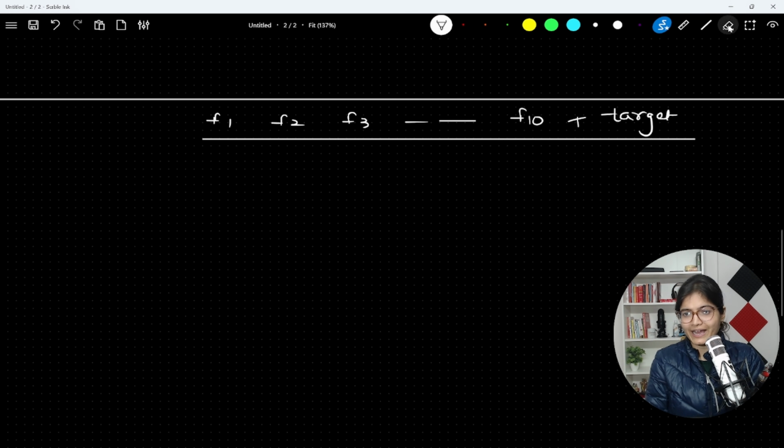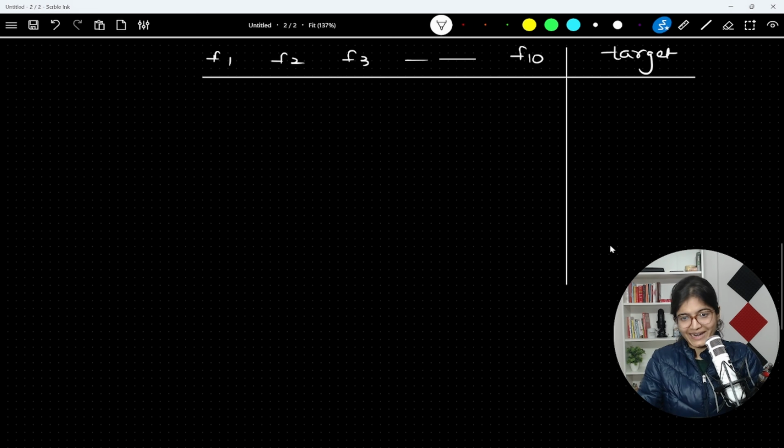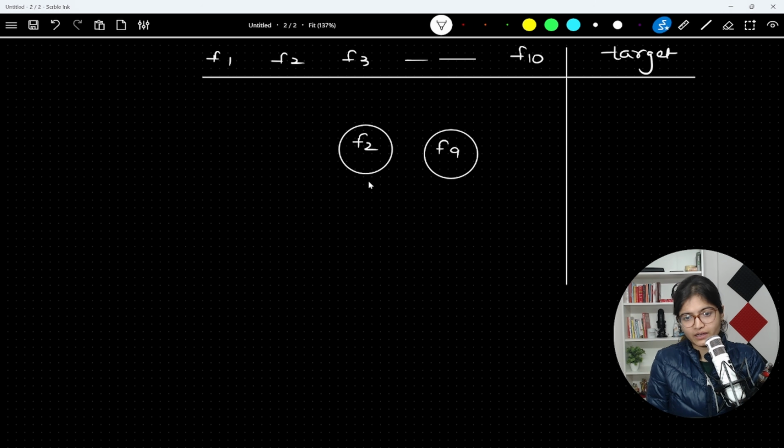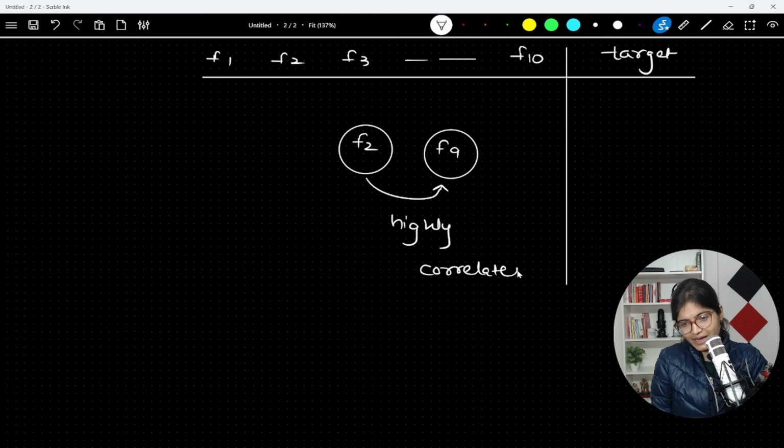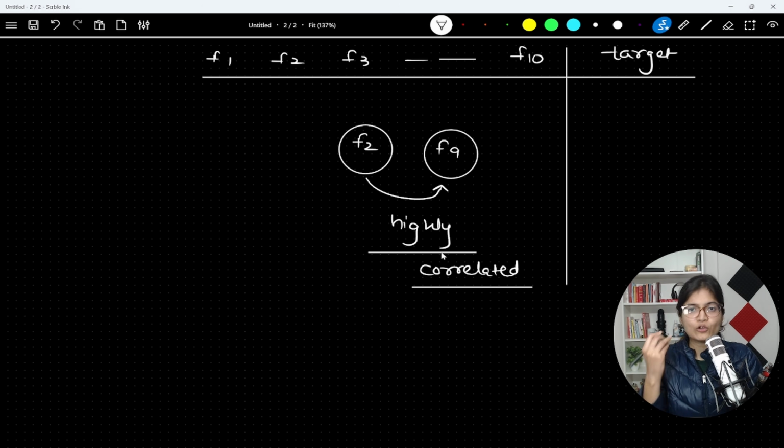Now, when I'm saying that feature F2 and feature F9 are highly correlated, it doesn't matter whether it's a positive correlation or a negative correlation. I am saying that these two features are highly correlated.